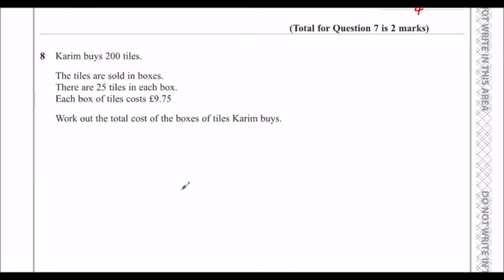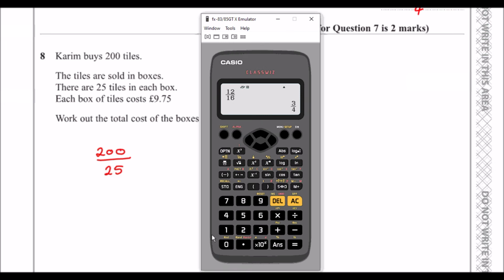Karim buys 200 tiles. The tiles are sold in boxes. There are 25 tiles in each box. Each box of tiles costs £9.75. Work out the total cost of the boxes of tiles Karim buys. So 200 tiles, and there are 25 in each box. So how many 25s do we need to make 200?